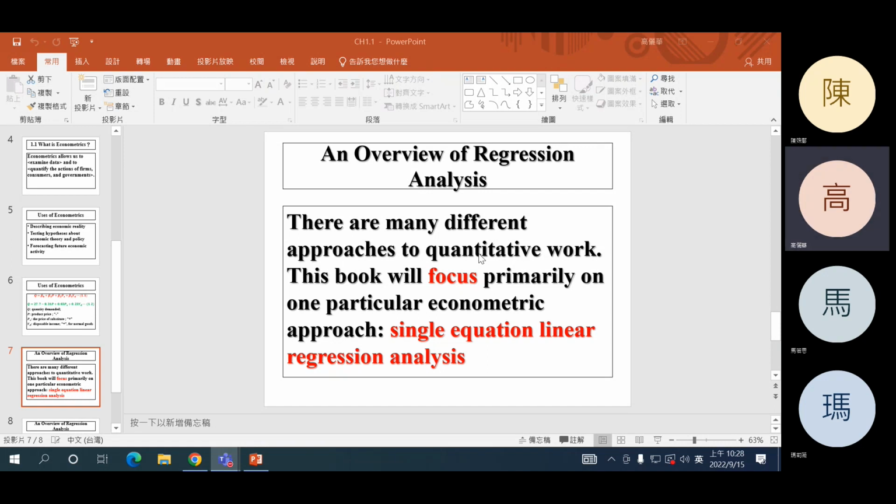So the important words are regression analysis, and this is just single equation linear regression analysis. So we're more focused on this approach. Other than that, it's not covered in this course. And this is really the foundation for all quantitative methods.